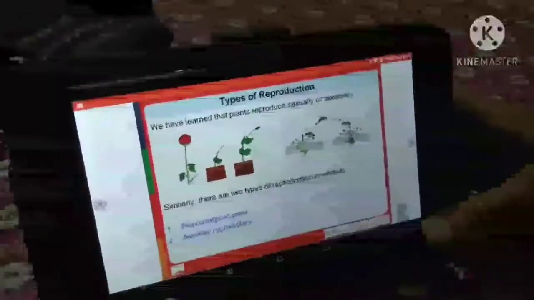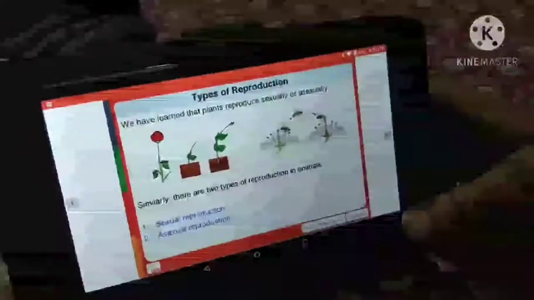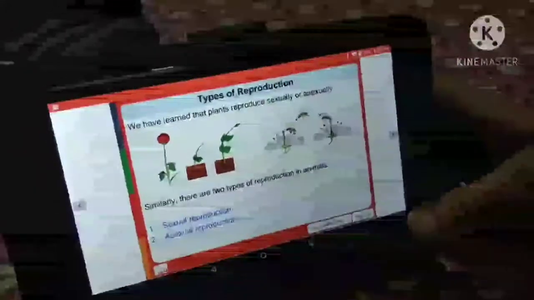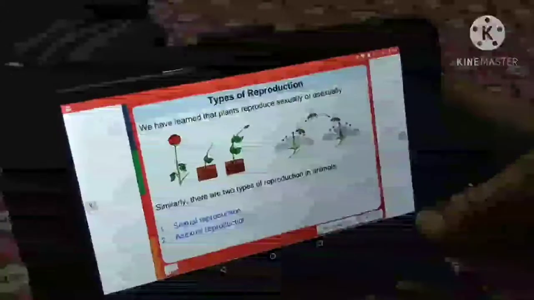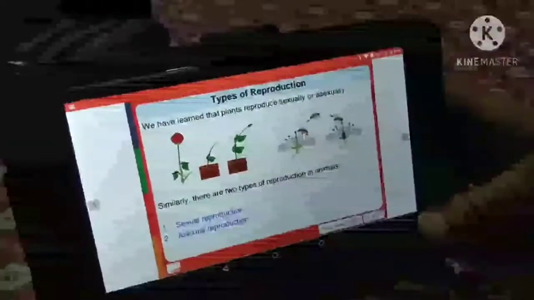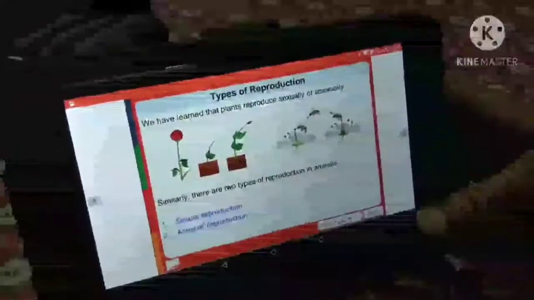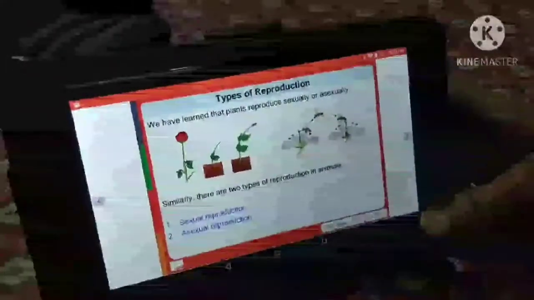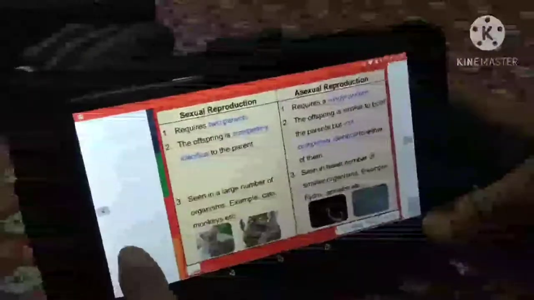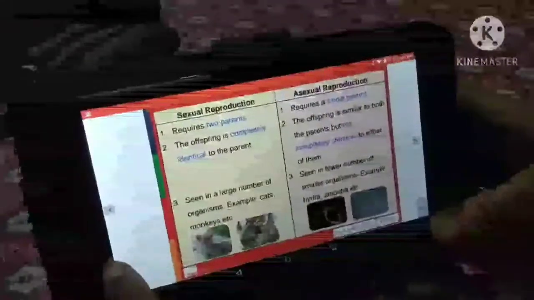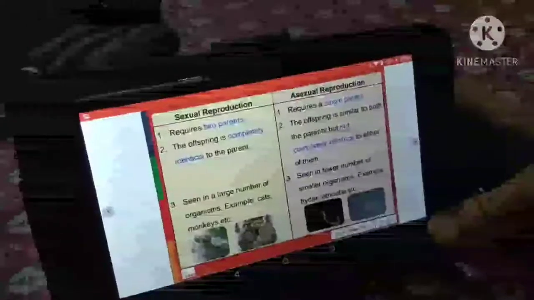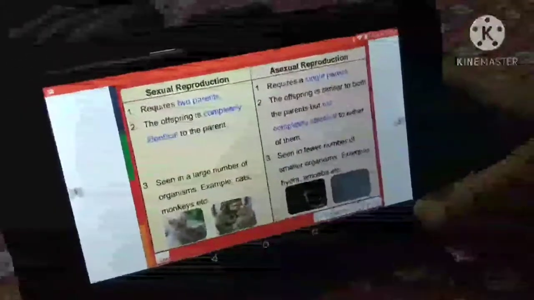So, we have learned that the plants reproduce sexually or asexually. Similarly, there are two types of reproduction in animals: sexual reproduction and asexual reproduction. Here is the comparison between sexual reproduction and asexual reproduction.